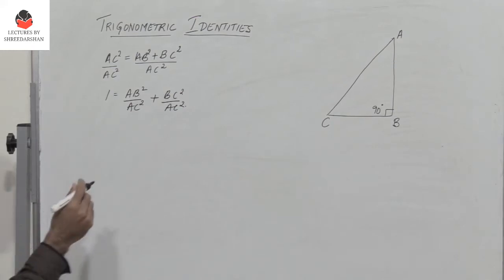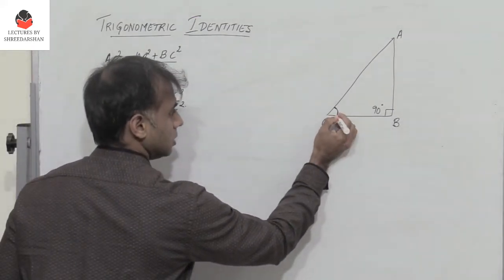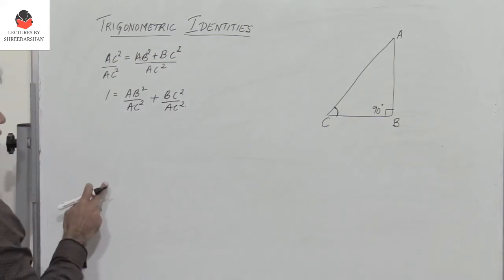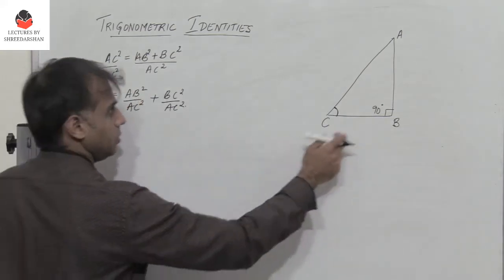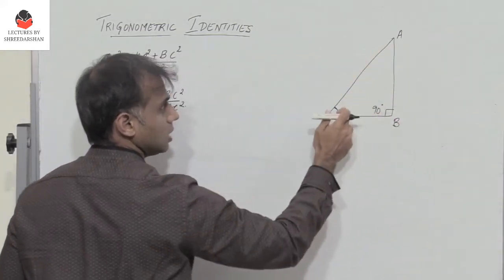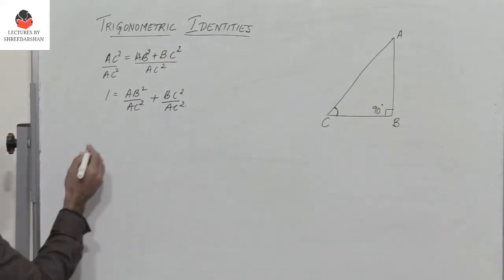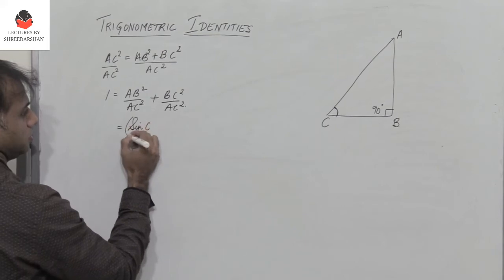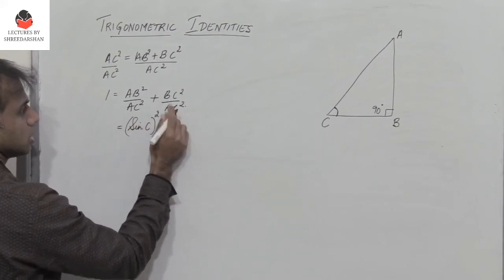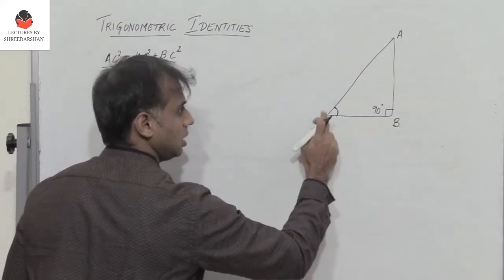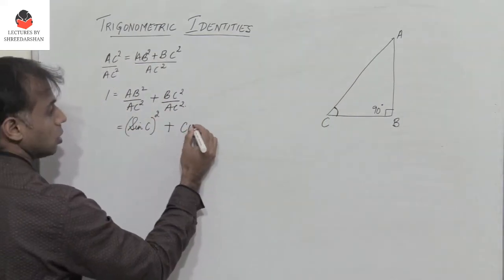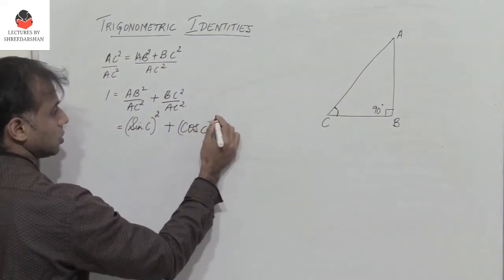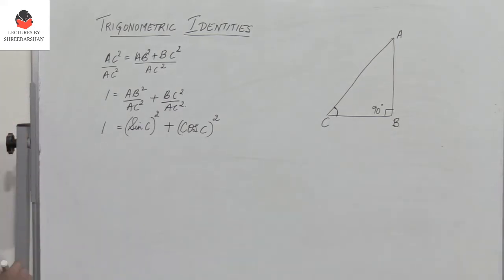Now if I consider the angle C, what is AB by AC? AB is the opposite side by the hypotenuse, which is sine C, the whole square, plus BC, the adjacent side by hypotenuse, which is cos C, the whole square, which is equal to 1.